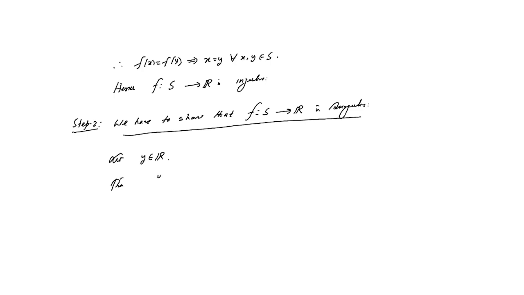Then what we can write, y by 1 plus mod y, this basically belongs to S. And if we take the image of this point, why does it belong to S? Because y by 1 plus mod y basically belongs to minus 1 to 1 for all y belongs to real numbers.